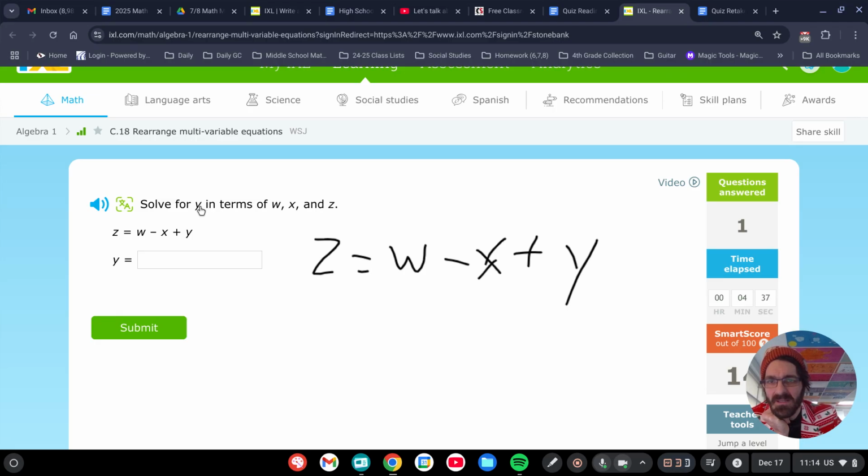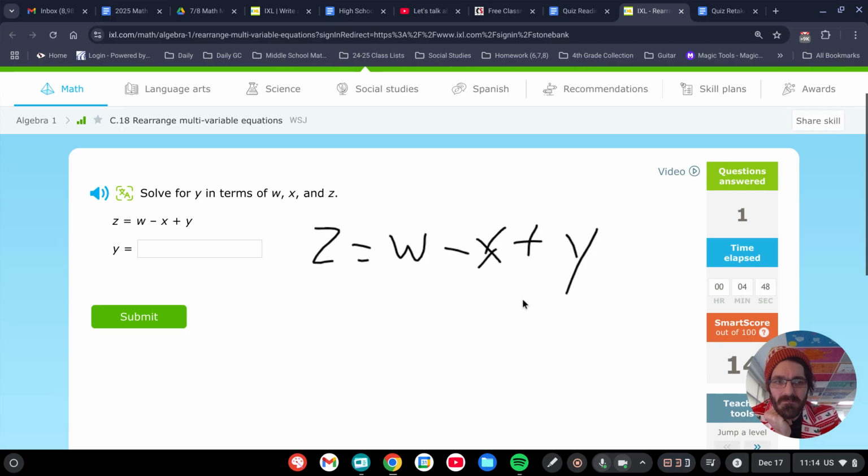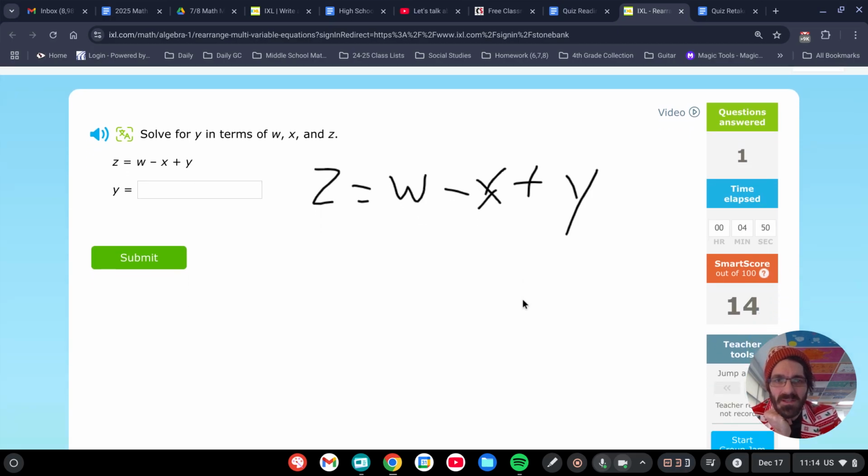So we want to get Y by itself. We have Y over here. It looks like we have 2 problems we need to get rid of. We need to get rid of this negative X and this positive W. We'll probably do that one at a time. And there's actually a couple ways you can go about doing this. I'll show you one of the ways.